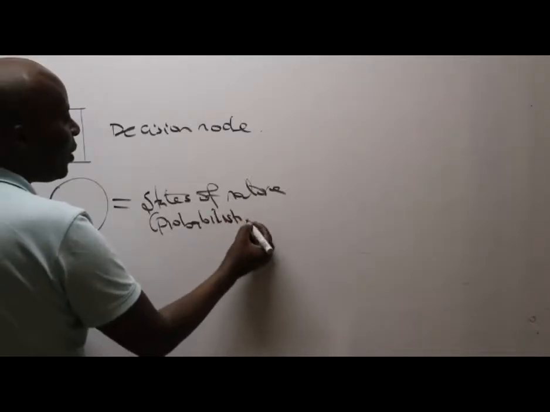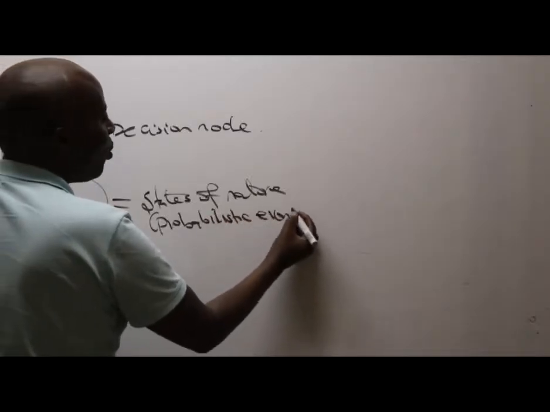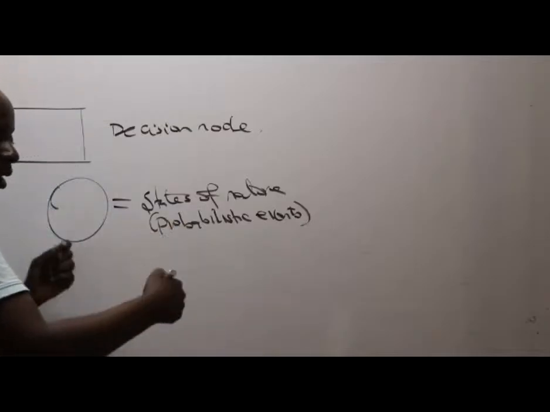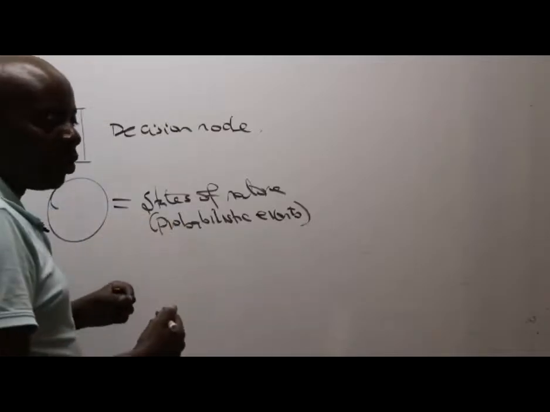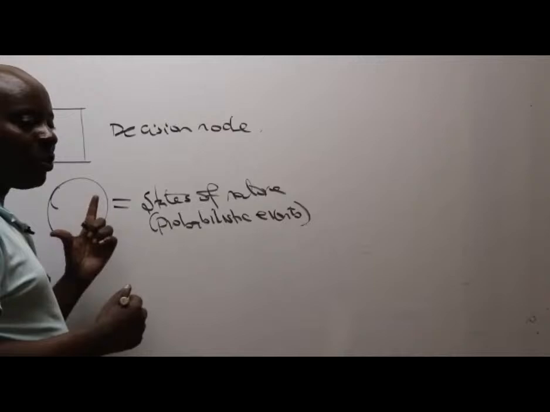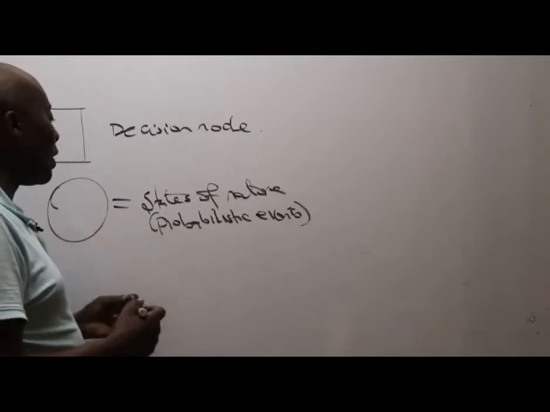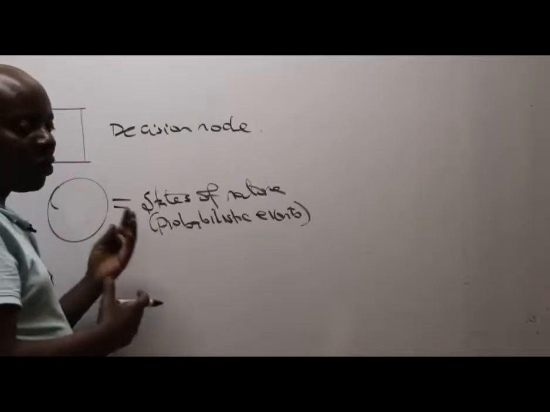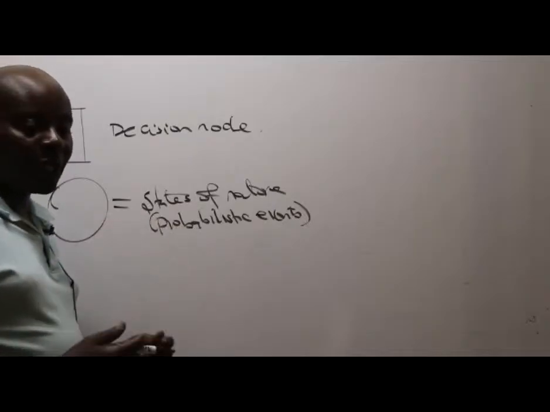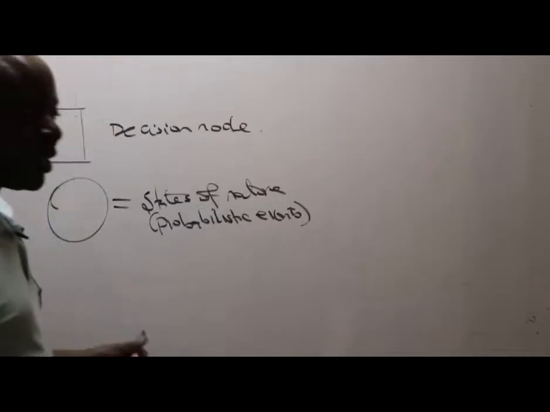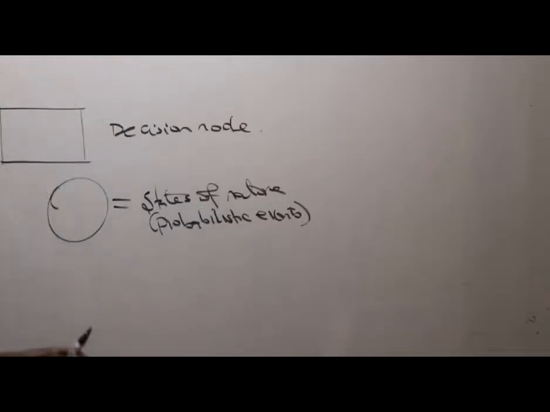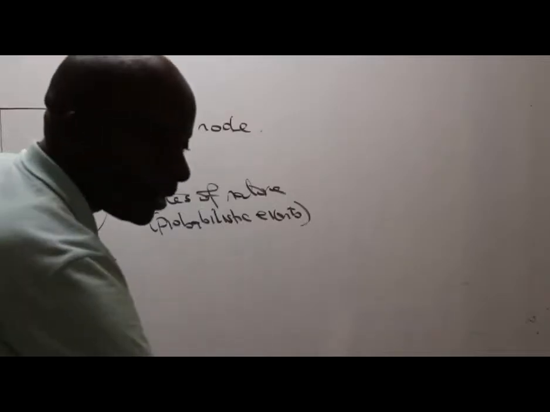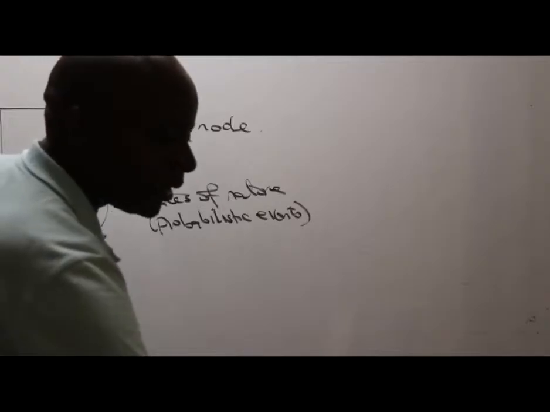All events which have probabilities will always be coming out of a circle, to signify what is slippery. You know, probabilistic events can go either way. So, ladies and gentlemen, have you been able to put this down? Have you been able to at least capture this in your notes?